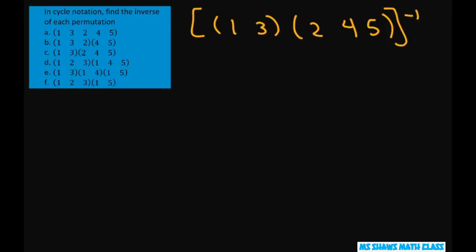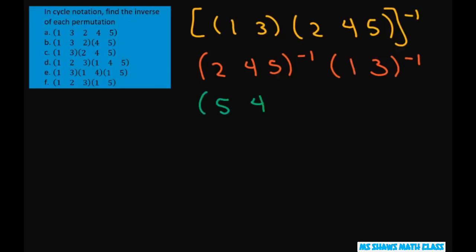Okay, the next one is C. So we have (1 3)(2 4 5) inverse. We write this as (2 4 5) inverse (1 3) inverse. So just reverse the order: (5 4 2)(3 1).